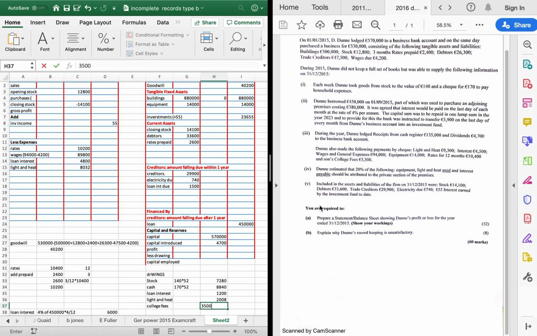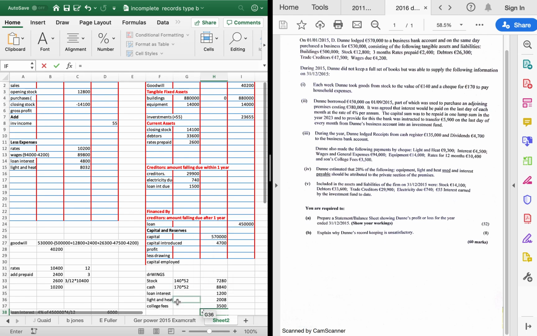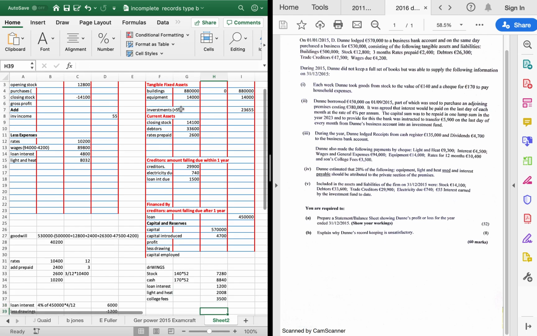We need to start finishing it out. Let me just check. I'll just add up my drawings. There was no other drawings. There was, sorry. It's drawings 20% on the equipment. So that's what we have to take away, 2,800 from the equipment.